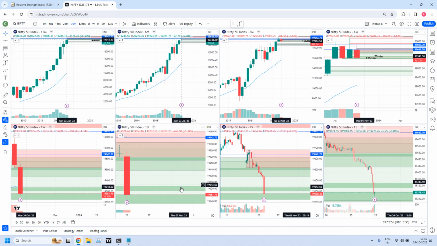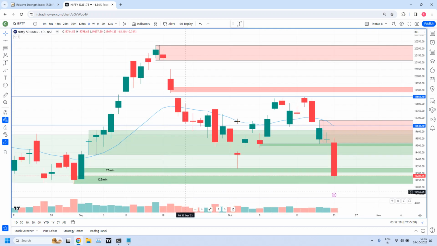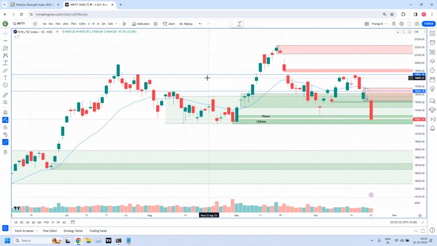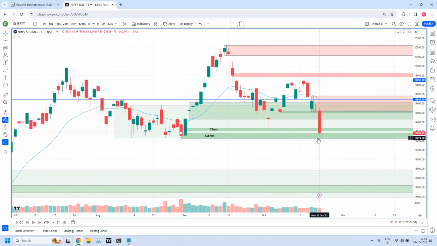But one point we have to observe here: our high liquidity zone was part of the weekly demand zone. Now prices have reached almost near the distal line of the weekly demand zone.